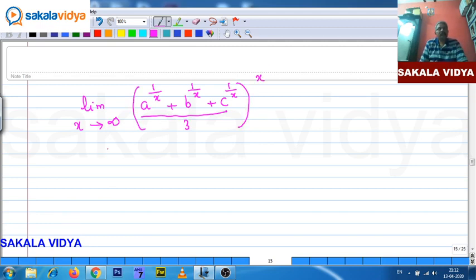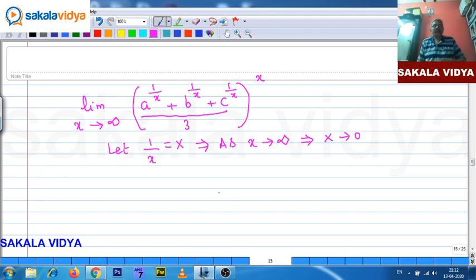Here let us say this 1 by x equals some capital X. See, as x approaches infinity, this capital X approaches 0. Now we can change the problem.